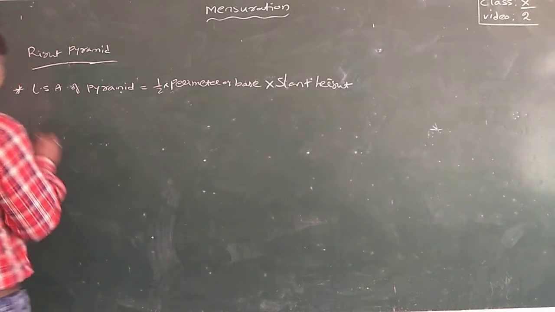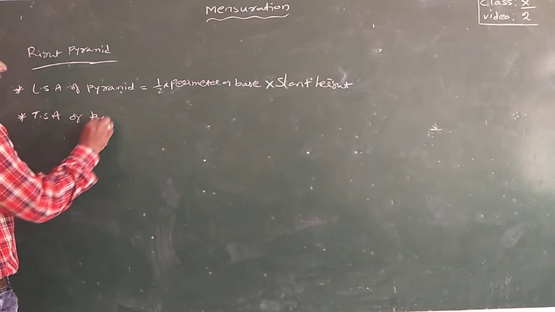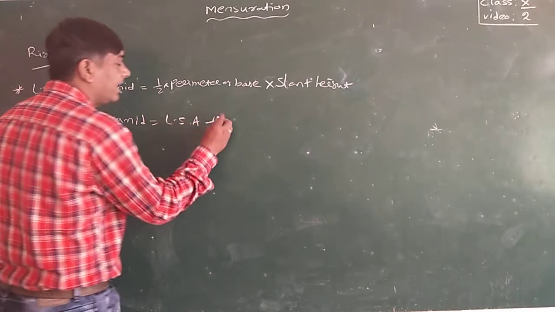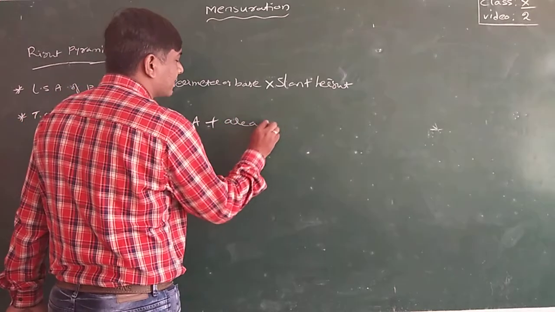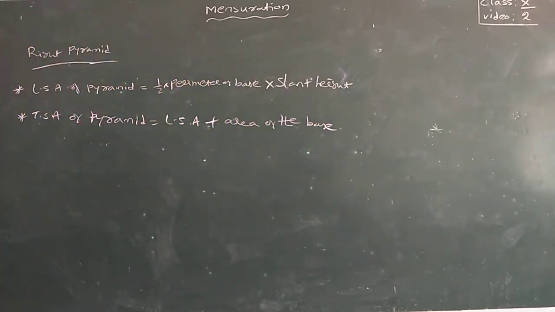Next TSA. TSA of a pyramid is equal to LSA plus area of the base.